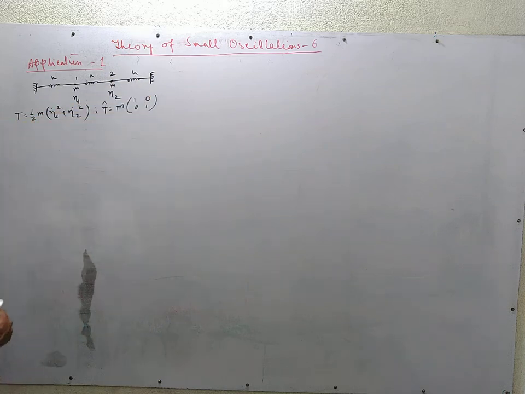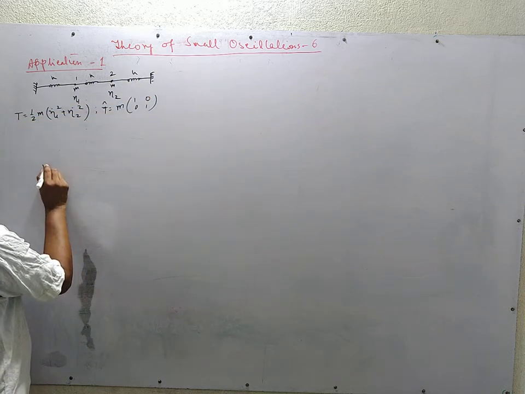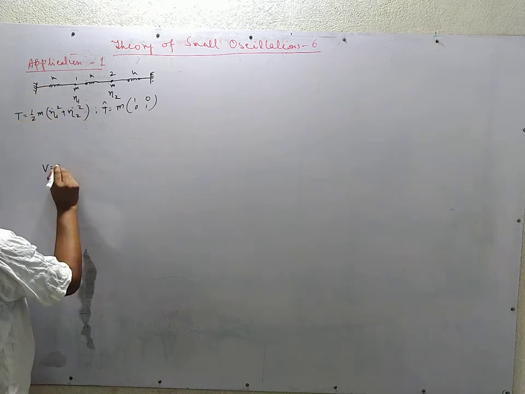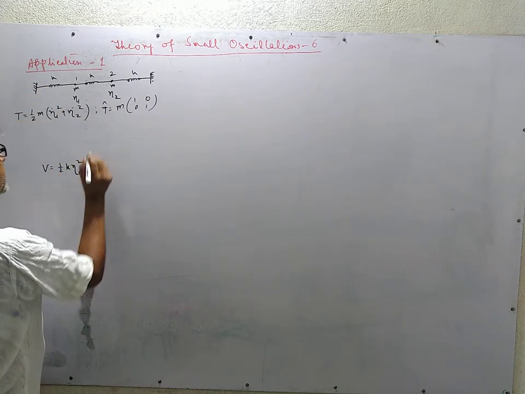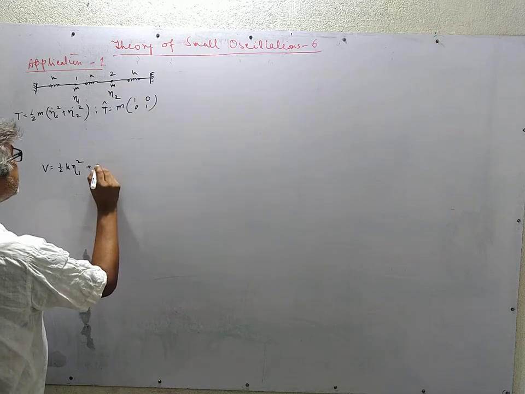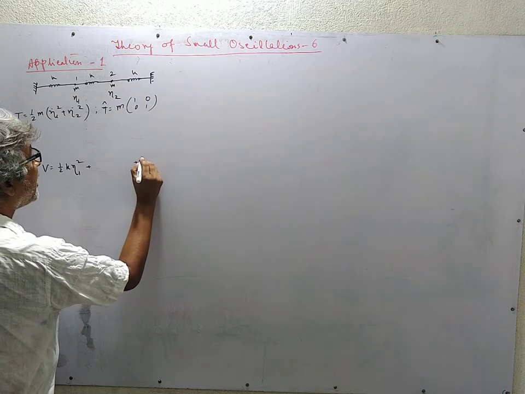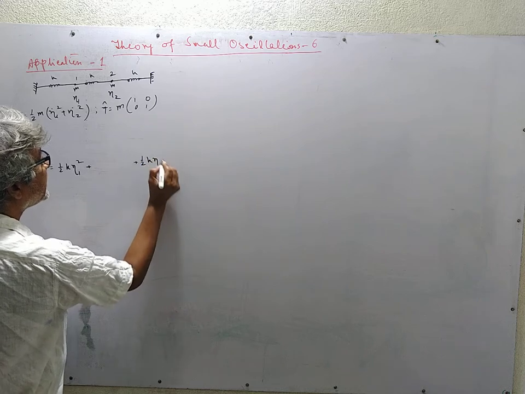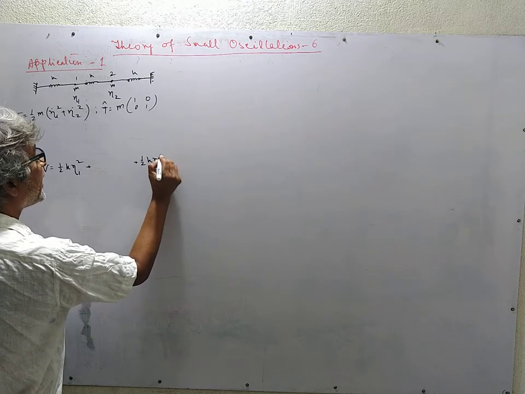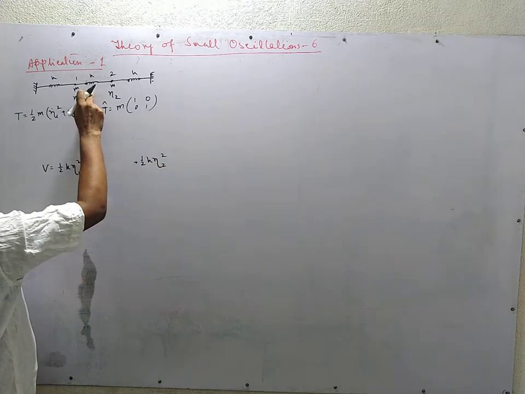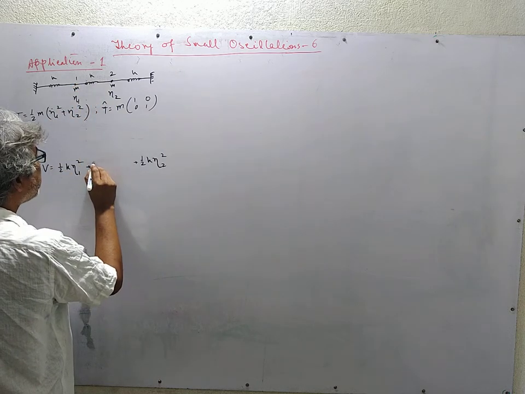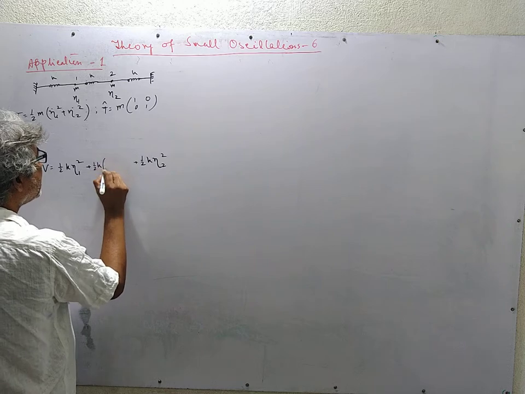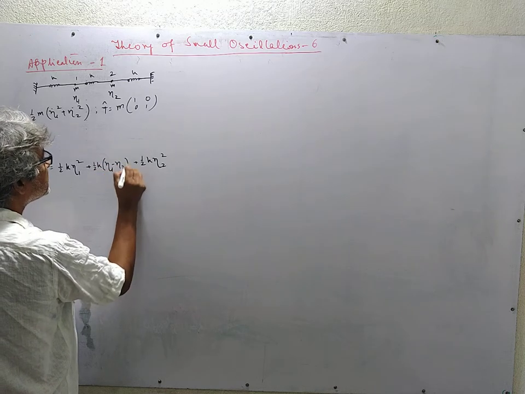So the potential energy V is that of the first spring, half k eta 1 square, that of the last spring, half k eta 2 square, and then the contribution from the coupling term, half k eta 1 minus eta 2 square.